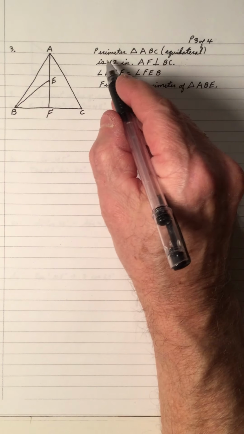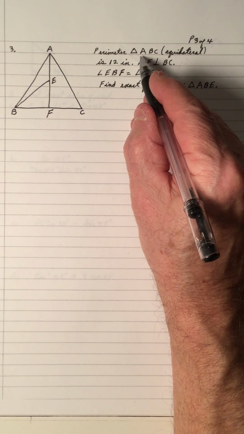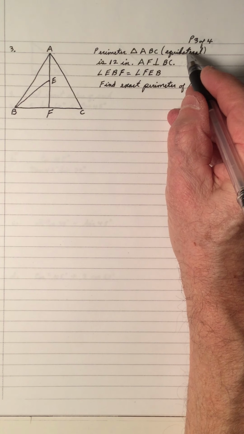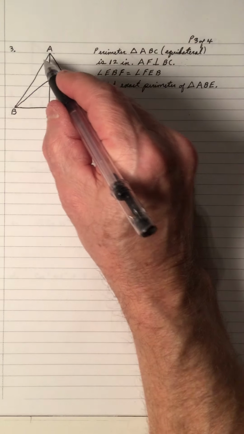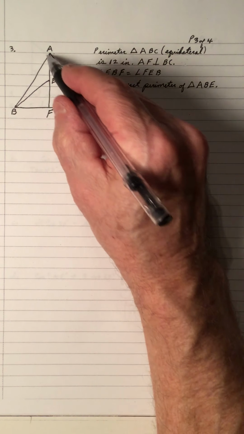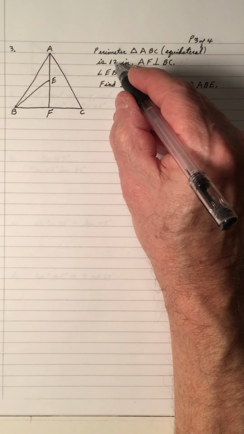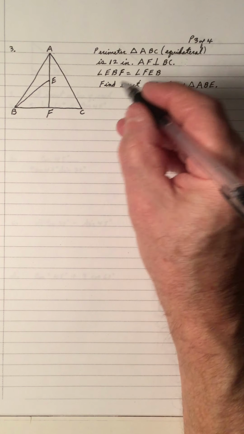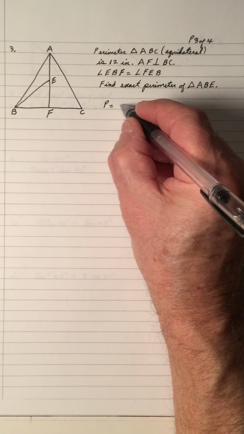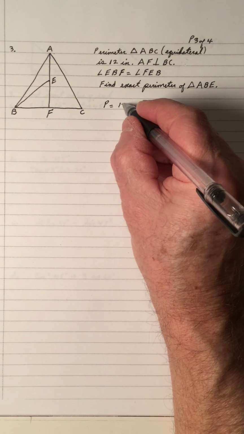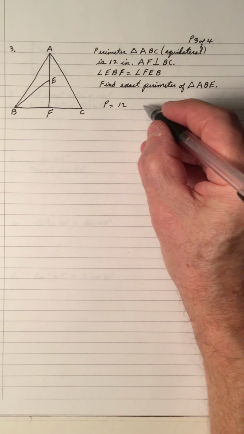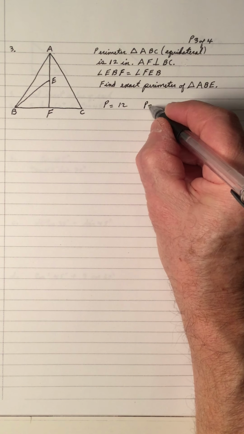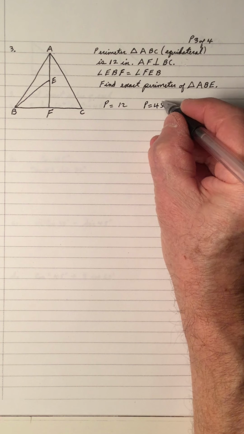Number 3. Perimeter of triangle ABC, which is equilateral. So this triangle ABC is equilateral, and its perimeter is 12. So the perimeter of the triangle is 12.